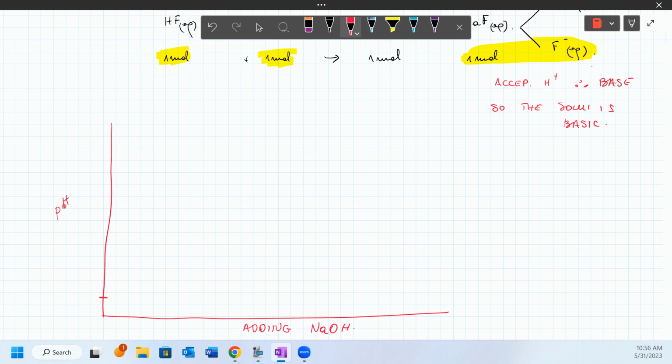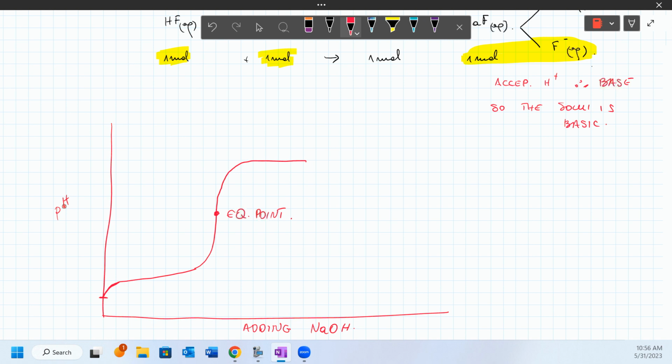A flat start or a curve start, curve up or curve down? It's a curve up. Great. This part here is not even considered a buffer region. Then it starts with a slight increase and goes to a rapid increase, changing the inflection, making this the equivalence point.